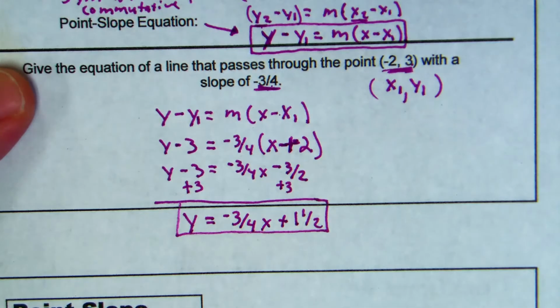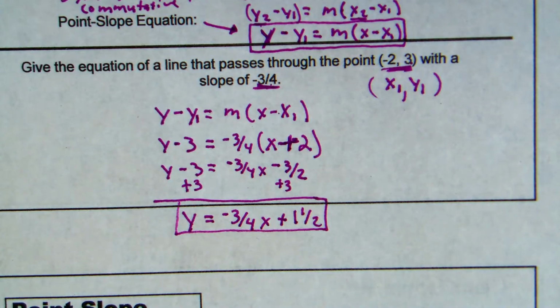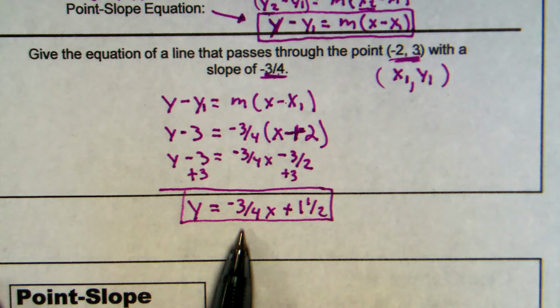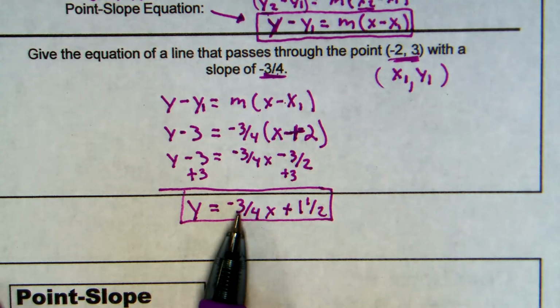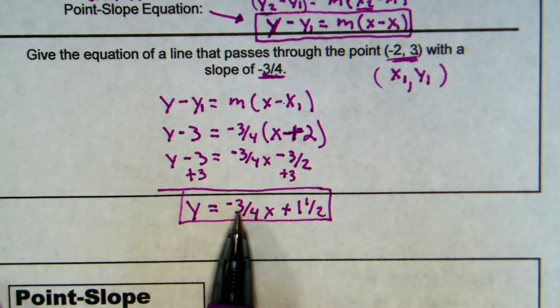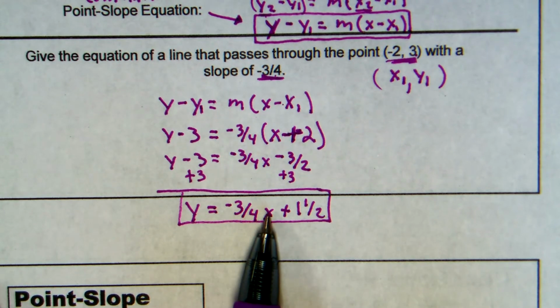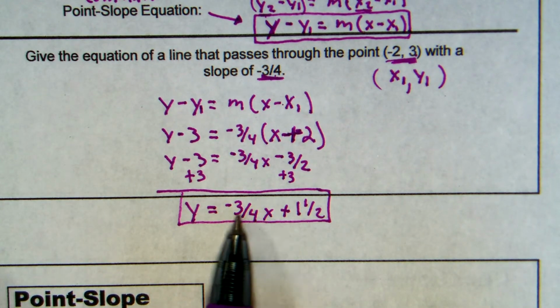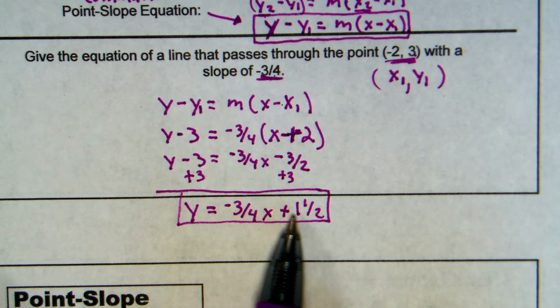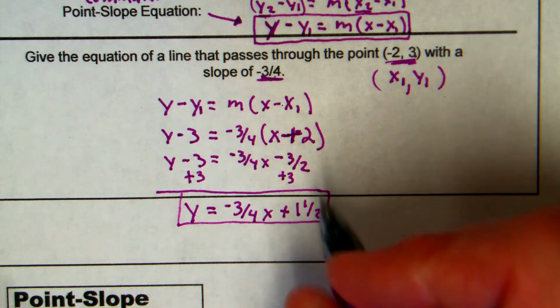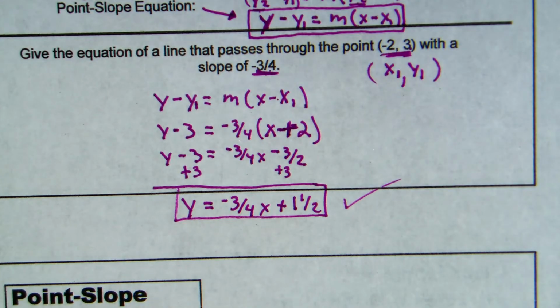Notice that I now have an equation in slope-intercept form that has a slope of negative 3/4, and if I were to plug in a negative 2, negative 3/4 times negative 2 is positive 1.5. 1.5 plus 1.5 would give me 3. It meets both conditions.